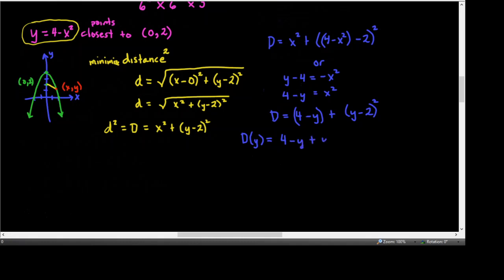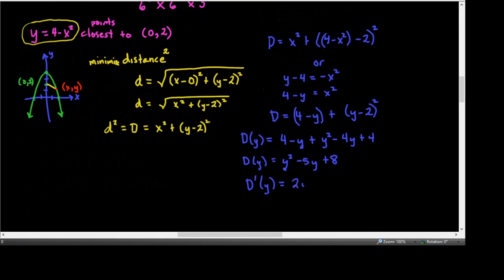Okay, then doing the squaring, that's y squared minus 4y plus 4. And so distance in terms of y simplifies to be y squared minus 5y plus 8. Okay, so for optimization purposes, we always are going to go with the first derivative and the number line analysis.